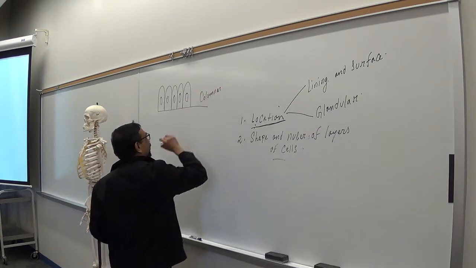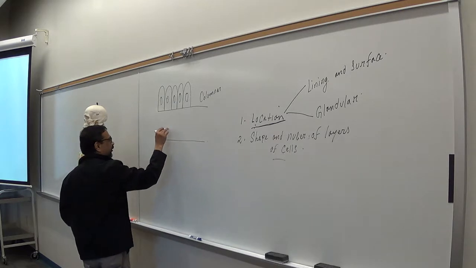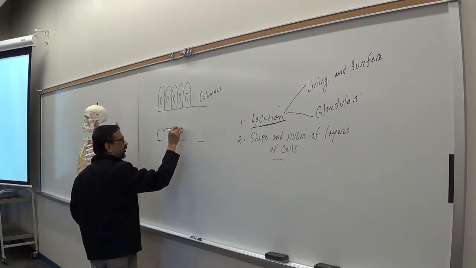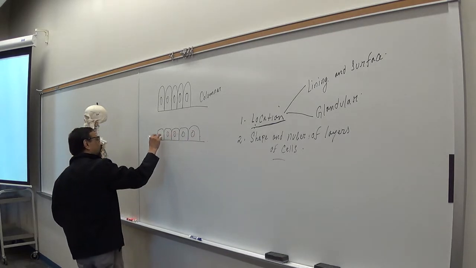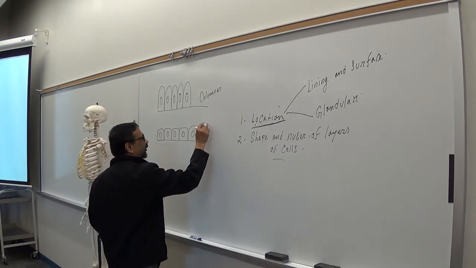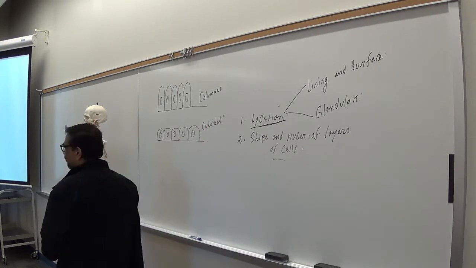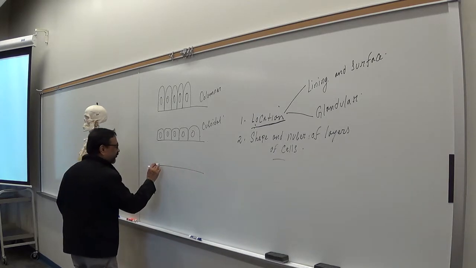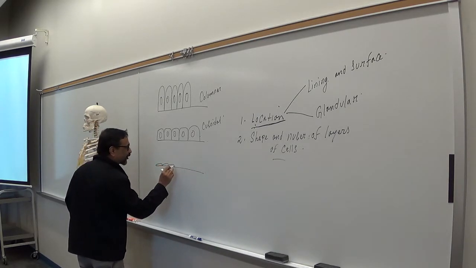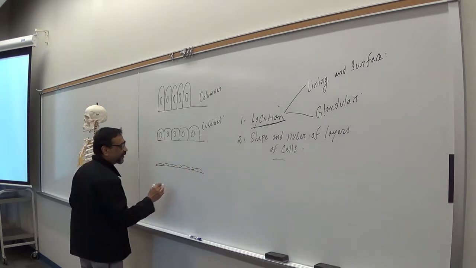Another type is cubical cells, cube shaped, and these are called what? Cuboidal, right? Cuboidal. Easy. Another type, the cells are what? Flat. Yeah, squamous, like scales on the fish.